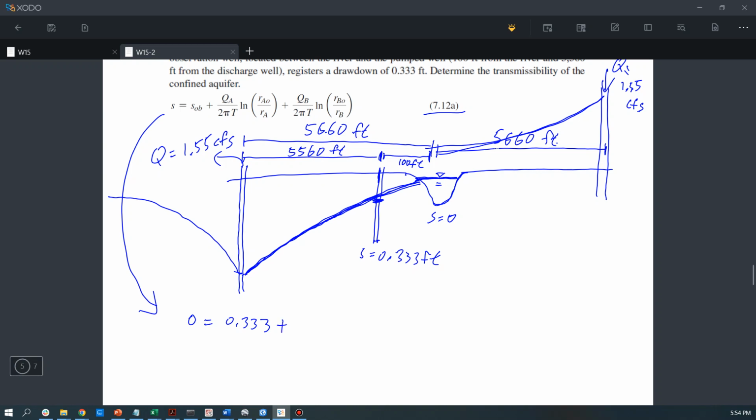And the QA is 1.55 for this well. Okay, this is the pumped well.